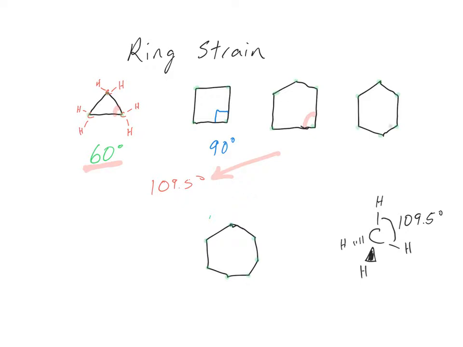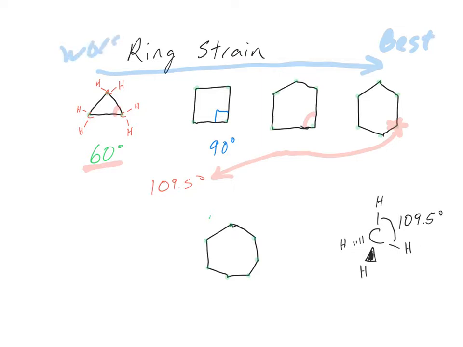When we get to this one, I'm going to put a star because then we actually do get to our 109.5. One of the things I would highlight is that in terms of ring strain, we're going to keep getting better this way. So I'm going to write the best and then the worst. All right. So your 6-membered ring, you guys should put a star by because that's the most stable.